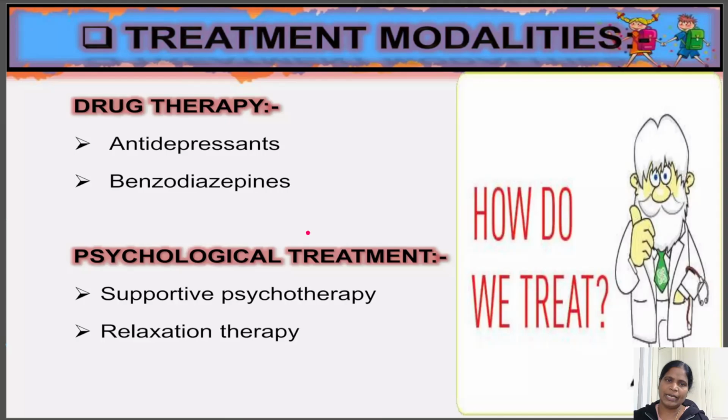Coming to treatment modalities, we have first drug therapy. Under this we give antidepressants because if they're having any depressive symptoms, we need to treat them with antidepressants. Apart from that, we can give benzodiazepines. These are drugs which reduce anxiety in a person, as well as we have some tranquilizers which keep their mind calm. Among these, we can choose different types of drugs.